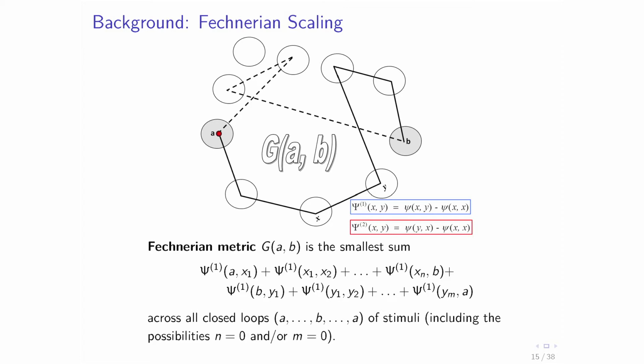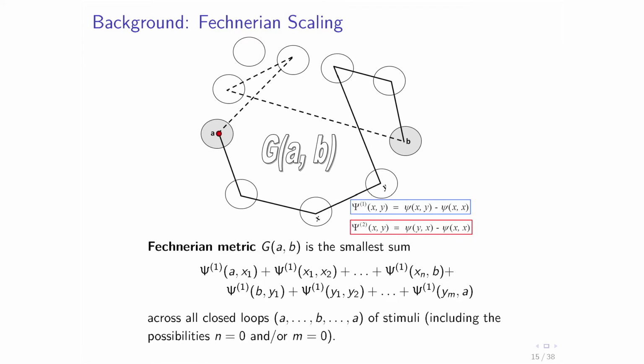So if we take, let's say, the psychometric increments of the first kind, these ones, we would go from A via some values to B, and we would look at all possible paths of going from A to B. Another, equivalent way of saying that is we would go from A to B and back from B to A, also across all possible paths, and we look at the sum of these two paths, which become a closed loop actually, that have the smallest sum.